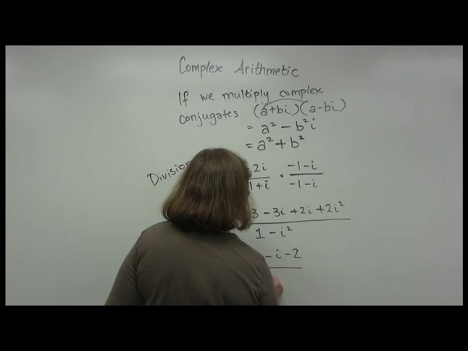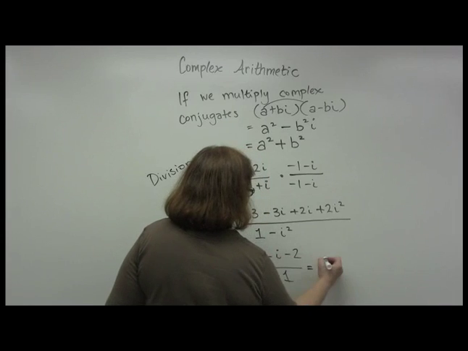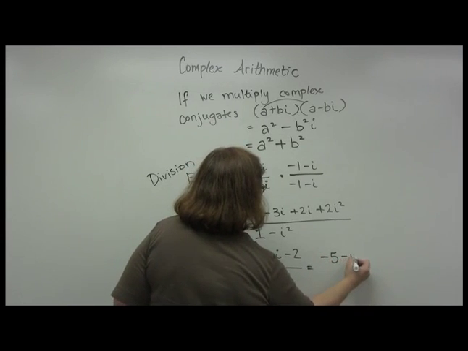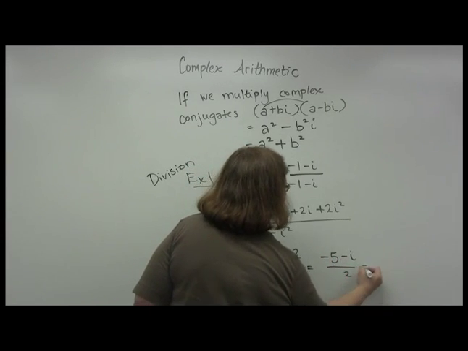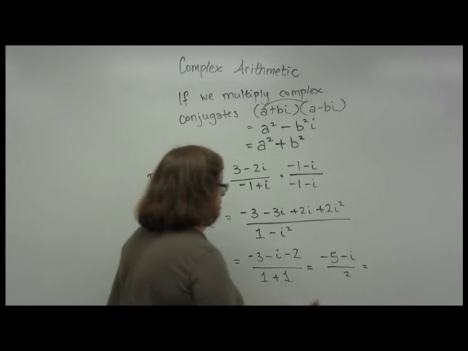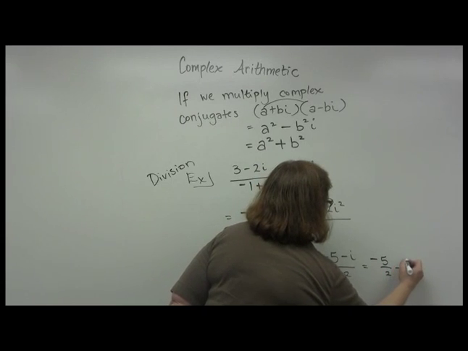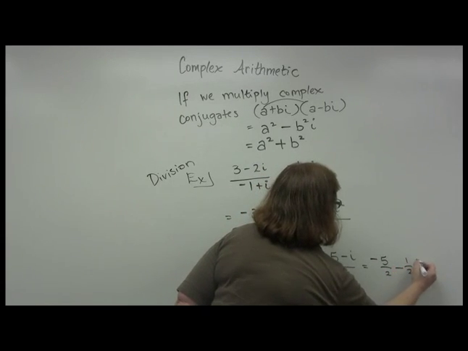And then this just becomes 1 plus 1 in the denominator, which we can then say is negative 5 minus i over 2. Or you can even write that as a real part and an imaginary part: negative 5 halves minus 1/2 i.